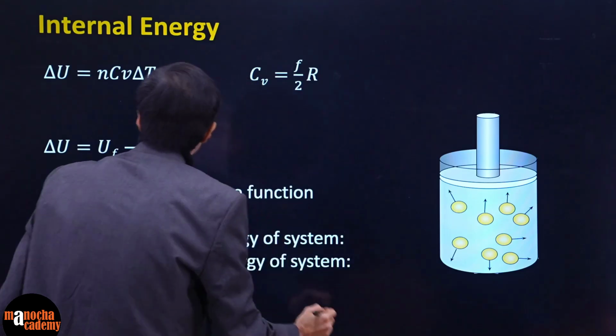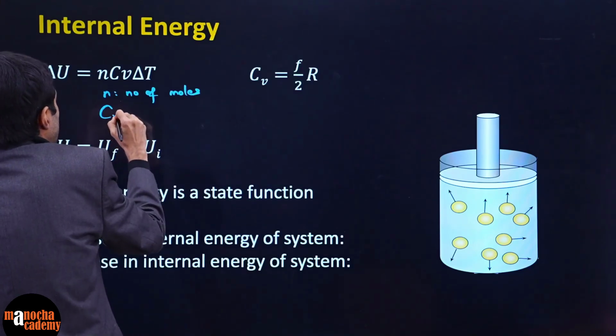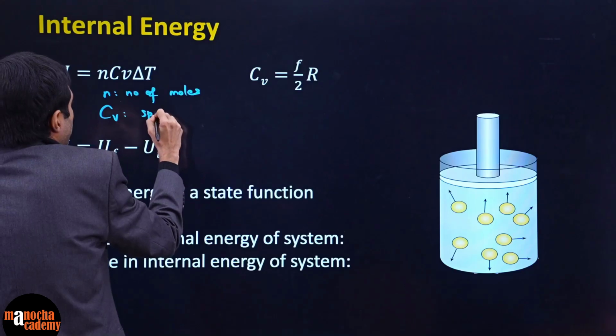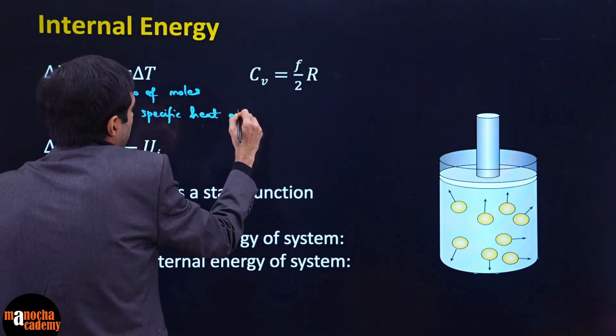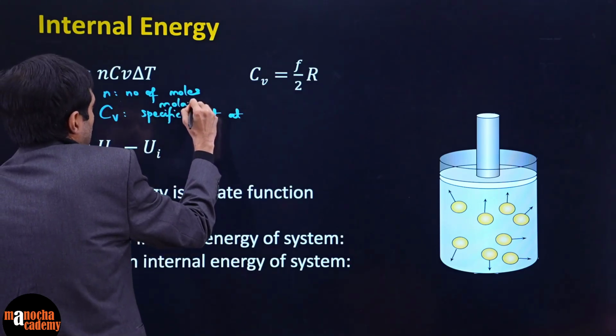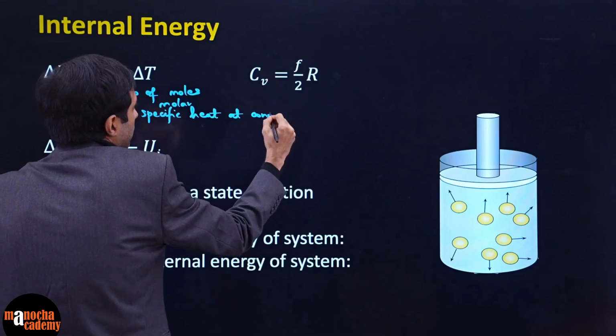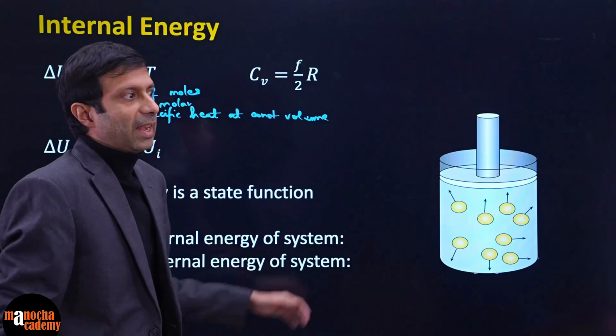So here your n is the number of moles and your Cv is the molar specific heat at constant volume. What is the meaning of constant volume? We don't allow the gas to expand.